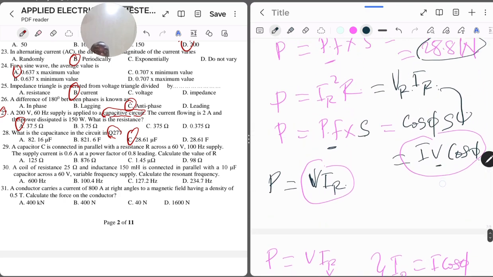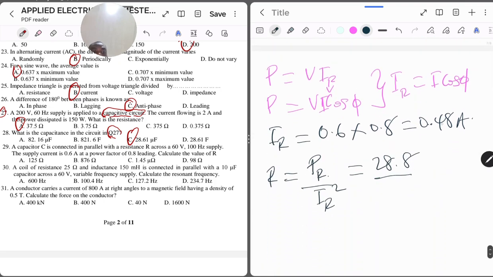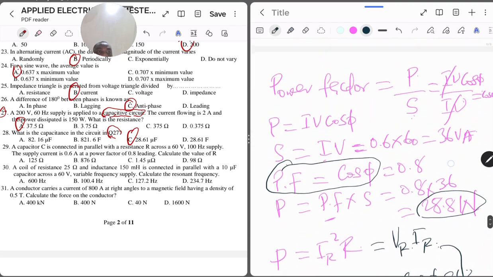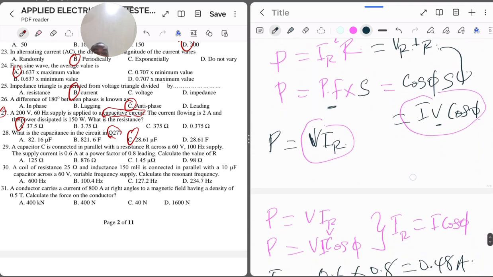28.8, where 28.8 is the power, divided by the current, which is 0.48 squared. Yes, so it's correct.